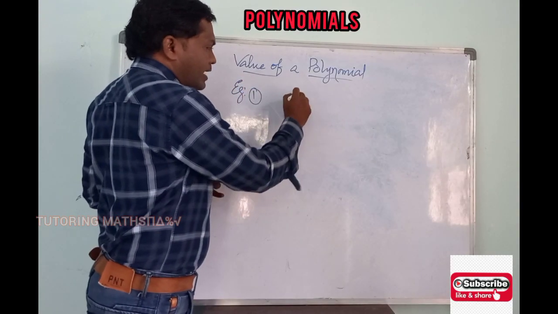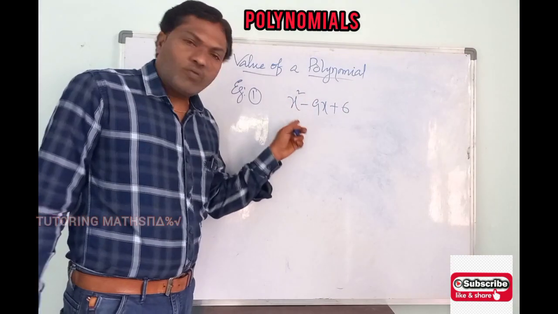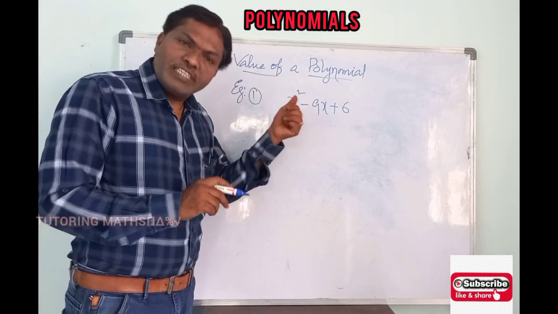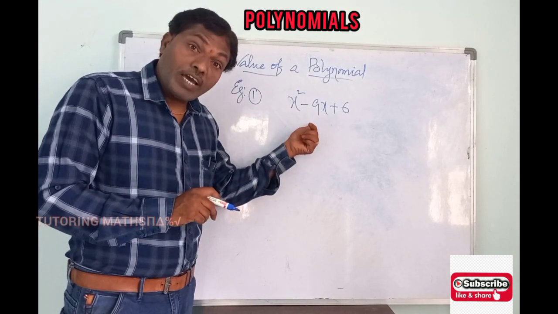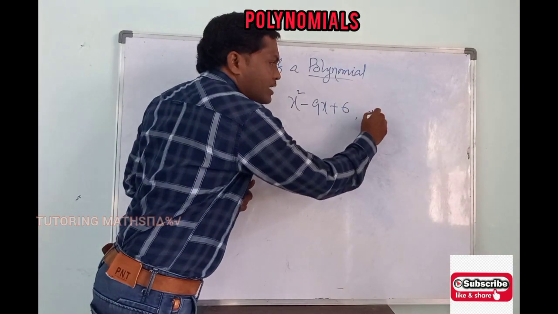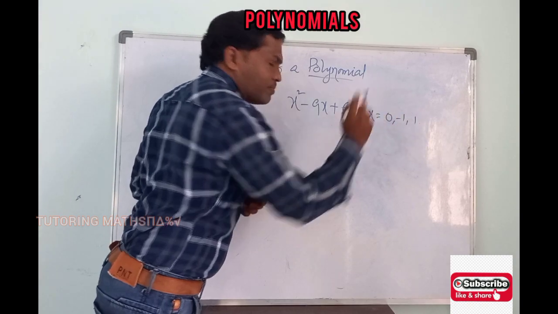You take x square minus 9x plus 6. What is the value of this polynomial when x values are 0, minus 1 and 1?